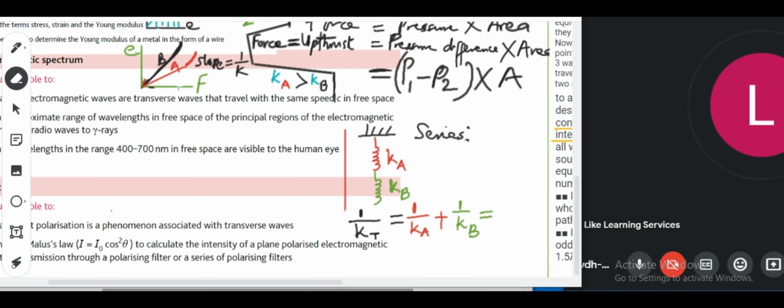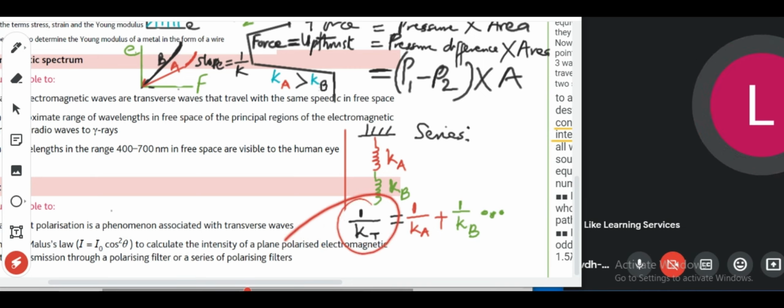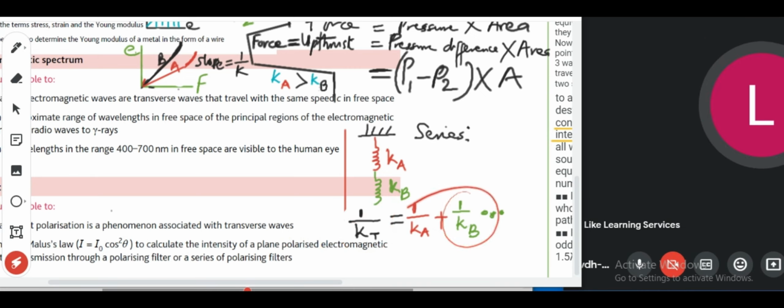So that's for only two springs. If you have more than two, you have to apply this formula as it is. 1 over K total is equal to 1 over Ka, that's for one spring, plus 1 over Kb for the other spring, plus 1 over Kc for the third spring, 1 over Kd for the fourth spring, as many strings as possible.